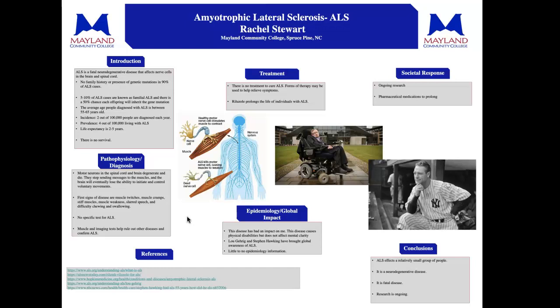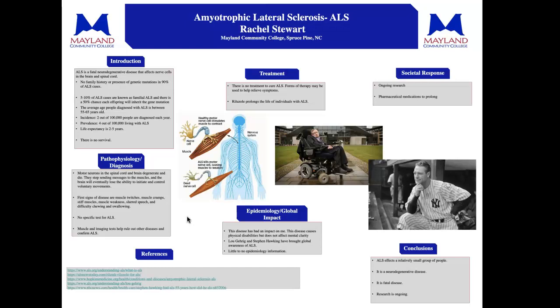People older than 65 can have ALS, and people as young as in their 20s can also have ALS. The incidence rate is 2 out of 100,000 people diagnosed each year. So the prevalence would be 4 out of 100,000 actually living with ALS.